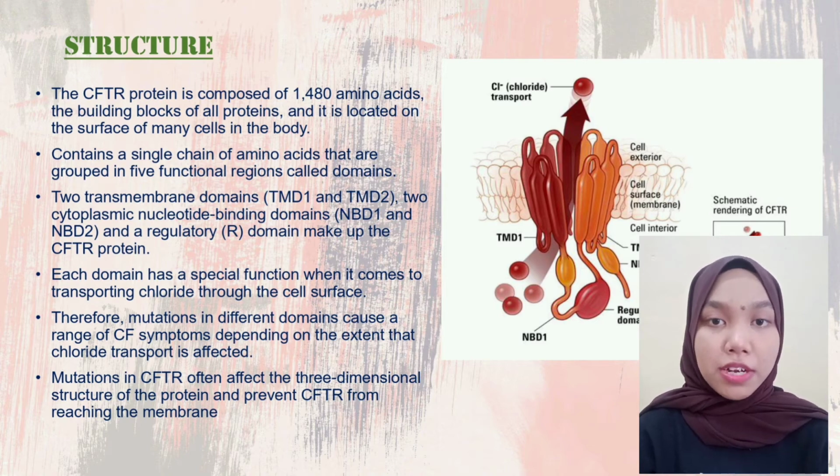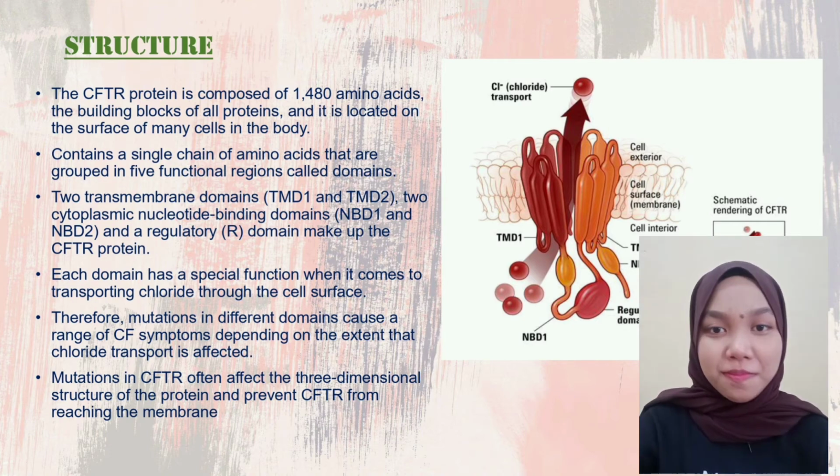Mutation in the CFTR gene causes the CFTR protein to malfunction or not to be made at all, leading to a buildup of thick mucus, which in turn leads to persistent lung infections, destruction of the pancreas, and complications in other organs.